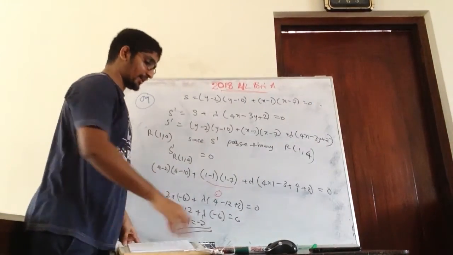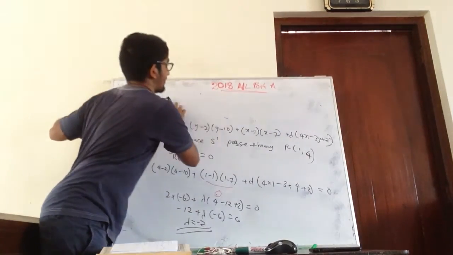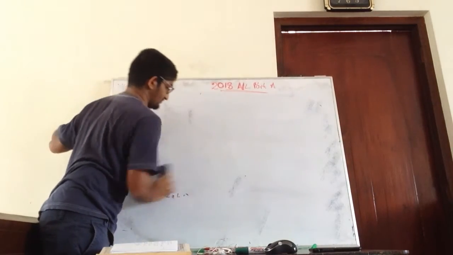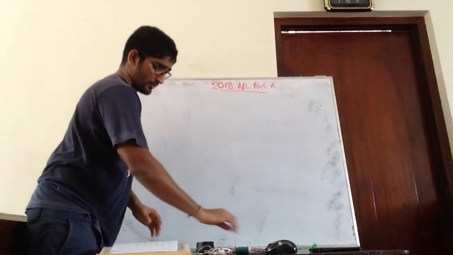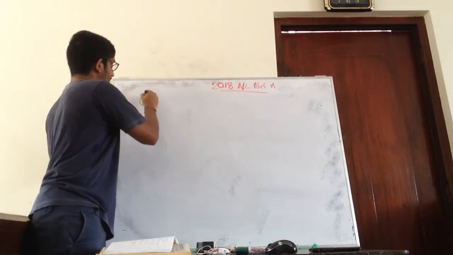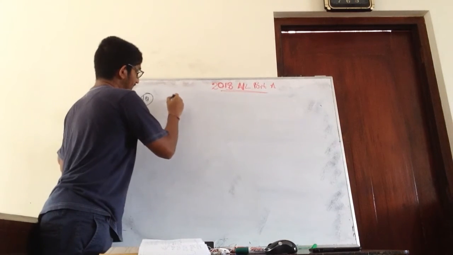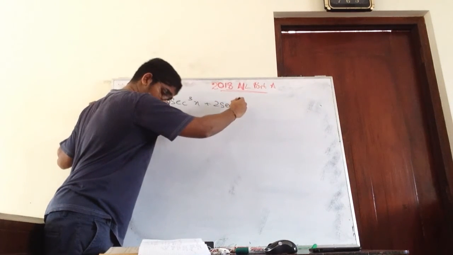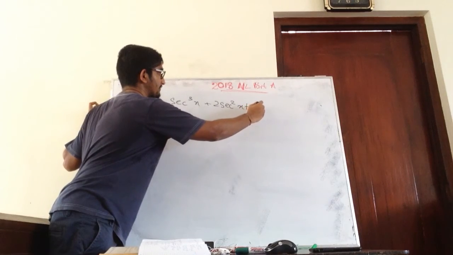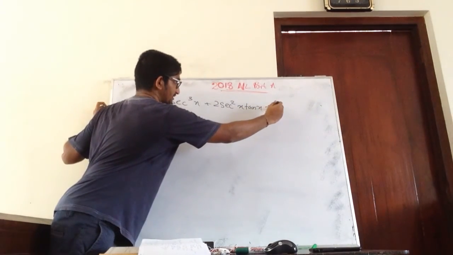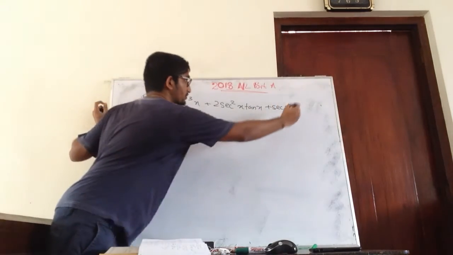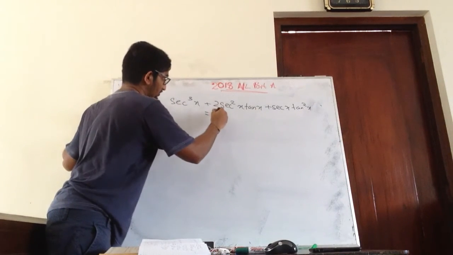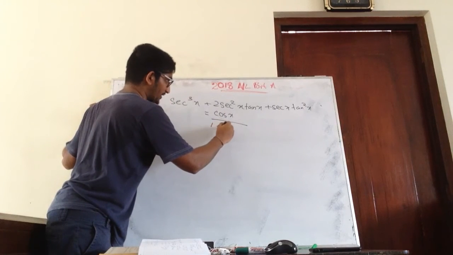Right. So question number 10, last question. Question number 10 says: prove that sec cube x plus 2 sec squared x tan x plus sec x tan squared x is equal to (1 plus sin x) squared over cos x (1 minus sin x).